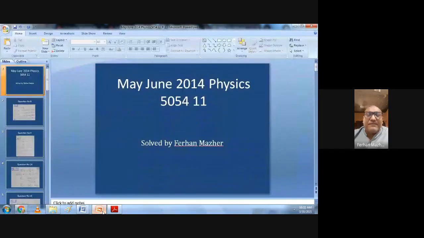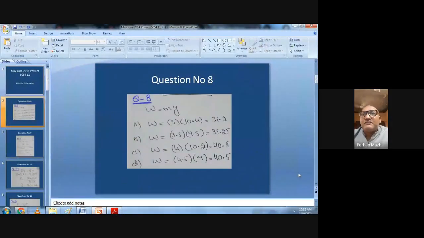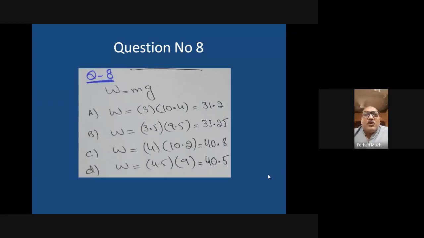I've done this on a paper. Let me show you my work. So W_A in the A option will be 3 times 10.4. That will be 31.2 Newton. In the B option, 3.5 multiplied by 9.5 will be 33.25 Newton. In the C option, 4 multiplied by 10.2 will be 40.8 Newton.